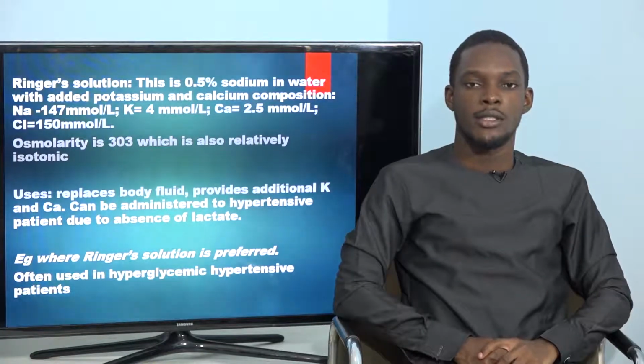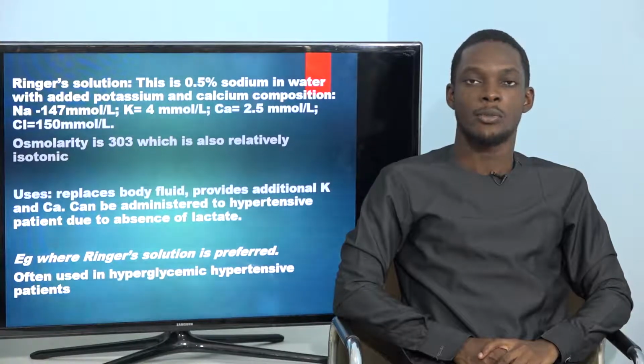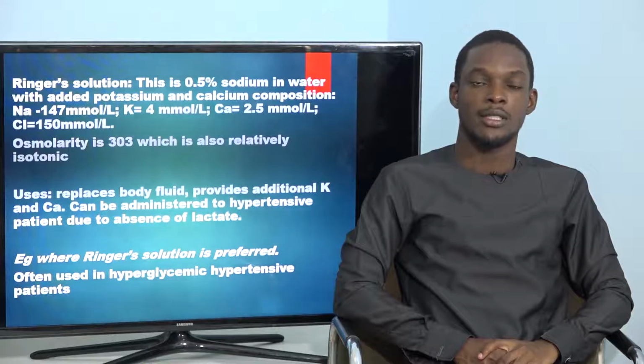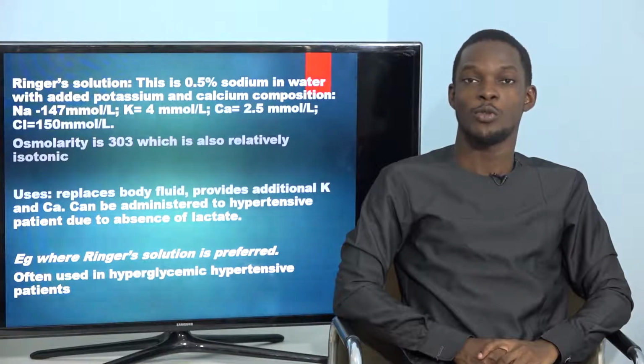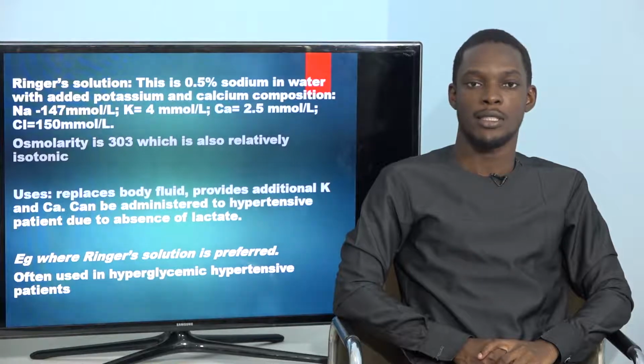Ringer's solution is used to replace body fluid and to provide additional potassium and calcium in hypokalemia and in hypocalcemia. This is why Ringer's solution is indicated when those two conditions are present.